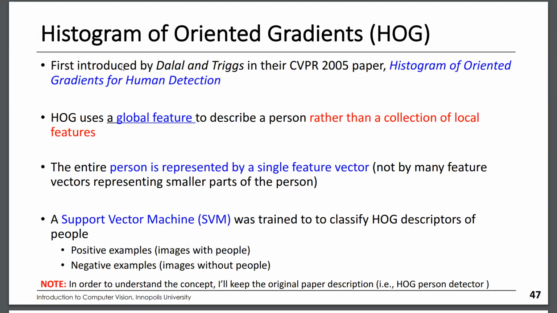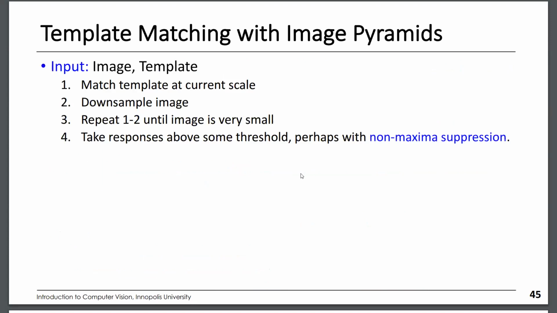HOG is called histogram of oriented gradients. It was created in 2005, so it's pretty recent, and it was presented at the CVPR conference. CVPR is a very well-known conference, and the paper is called histogram of oriented gradients for human detection. So HOG uses a global feature to describe a person rather than a collection of local features, right?